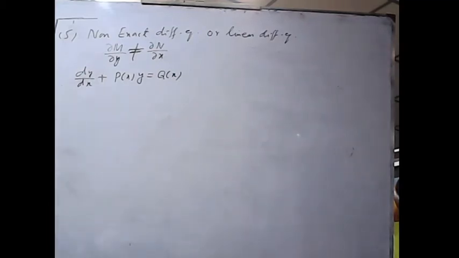Here p of x means a function of x, and y is to the power 1. So first of all, write the equation in this form, and this is considered a linear differential equation.